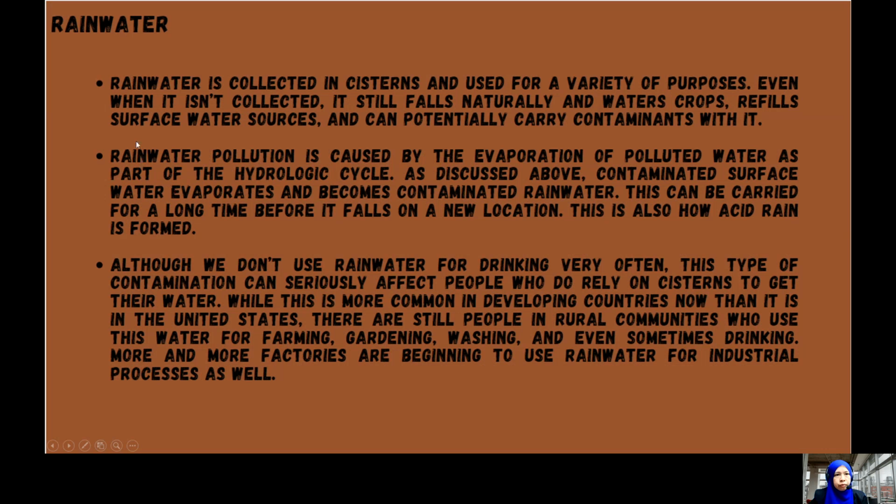For rainwater pollutants, pollution is caused by the evaporation of polluted water as part of the hydrological cycle. Although we don't use rainwater for drinking very often, this type of contamination can seriously affect people who rely on it to get their water.